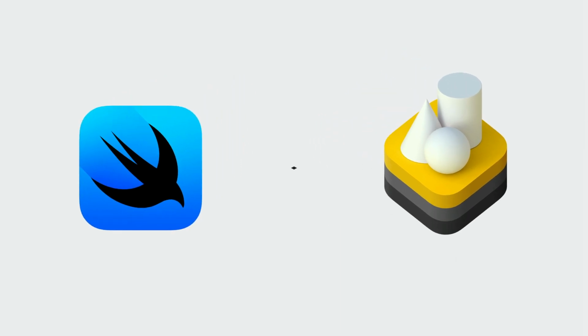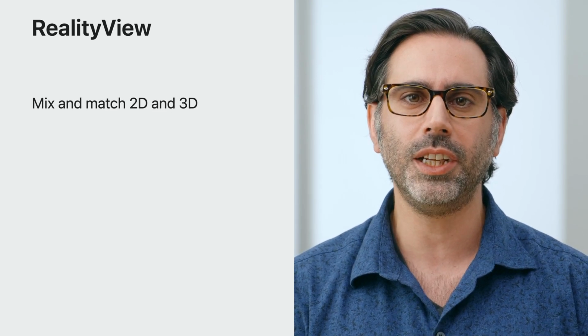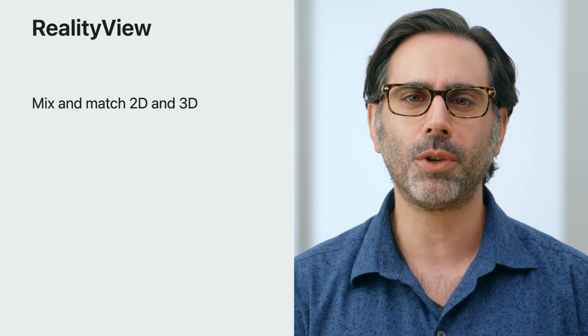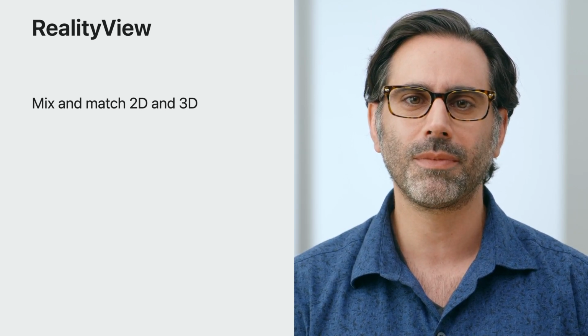The way to interface with both of these at the same time is through RealityView, a new SwiftUI view that we're introducing to cater to the unique needs of spatial computing. RealityView truly bridges SwiftUI and RealityKit, allowing you to combine 2D and 3D elements and create a memorable spatial experience.